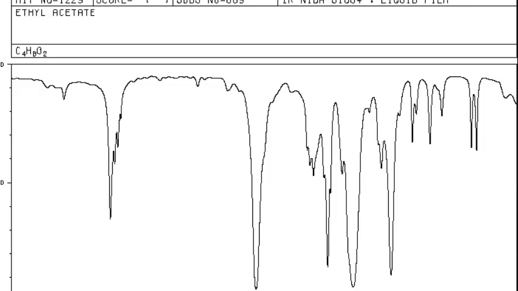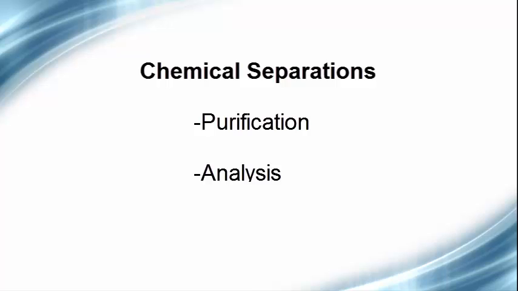However, we also saw that if we are looking at a mixture of chemicals, that spectrum will actually consist of a combination of all of the different chemicals that are present in that mixture. And this can make it very difficult to do a comparison of one compound with a known set of spectroscopic data.